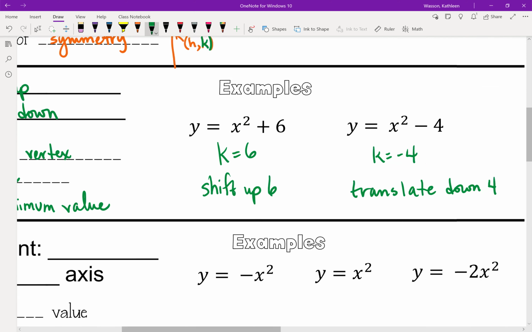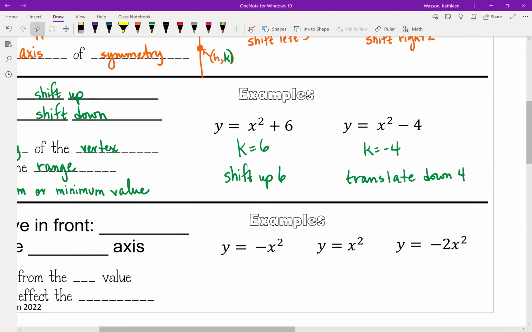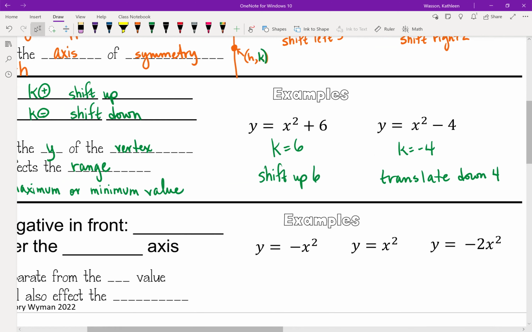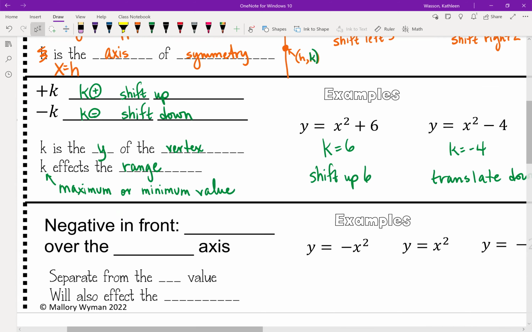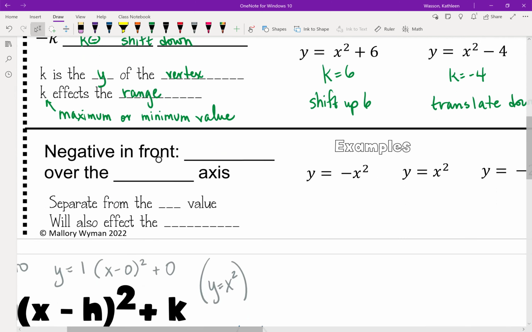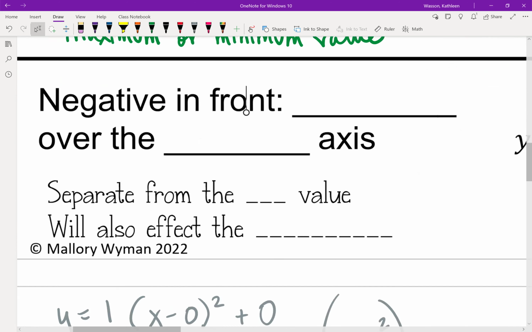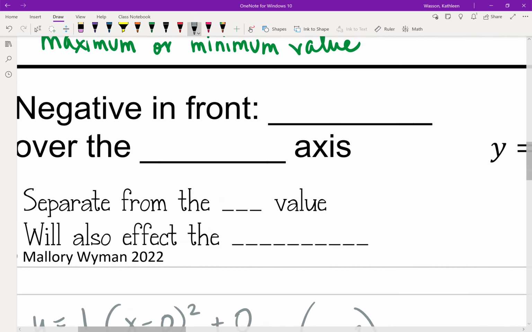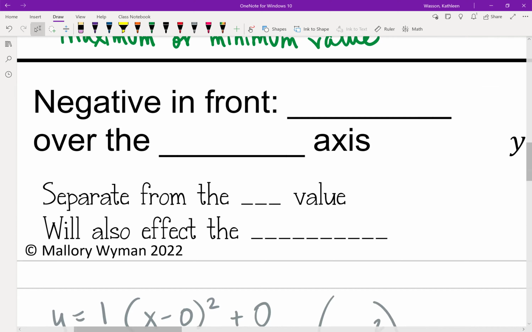The last thing to talk about is if there's a negative in front of the equation. And we consider that to be part of A. If there's a negative in front, then your graph is reflected over the x-axis.